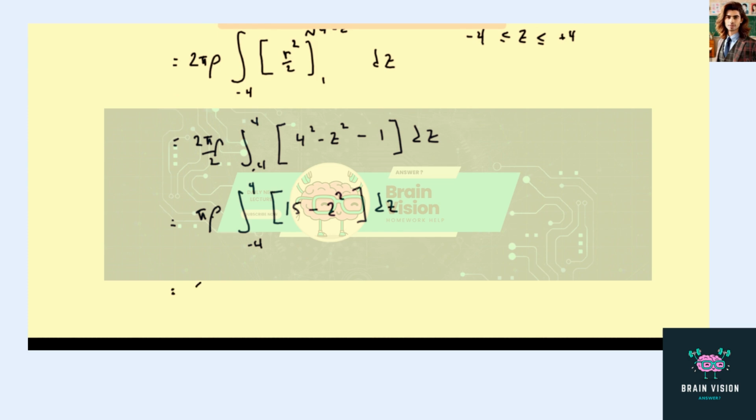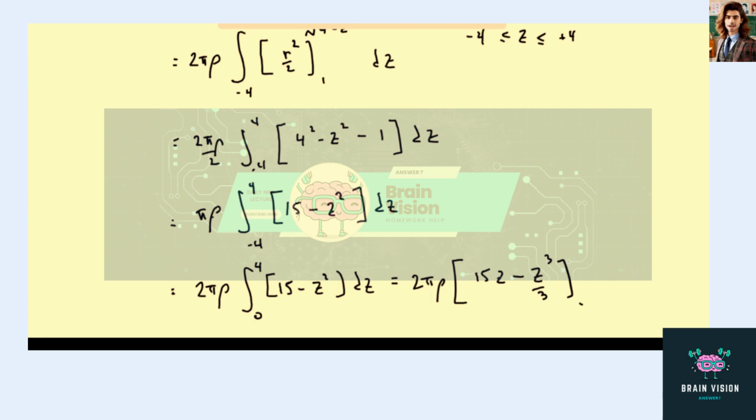So this will be equal to 2 times pi rho times the integral from 0 to 4 of 15 minus z squared dz, which will give us 2 pi times rho times 15z minus z to the power 3 over 3, where z will range between 0 and 4.